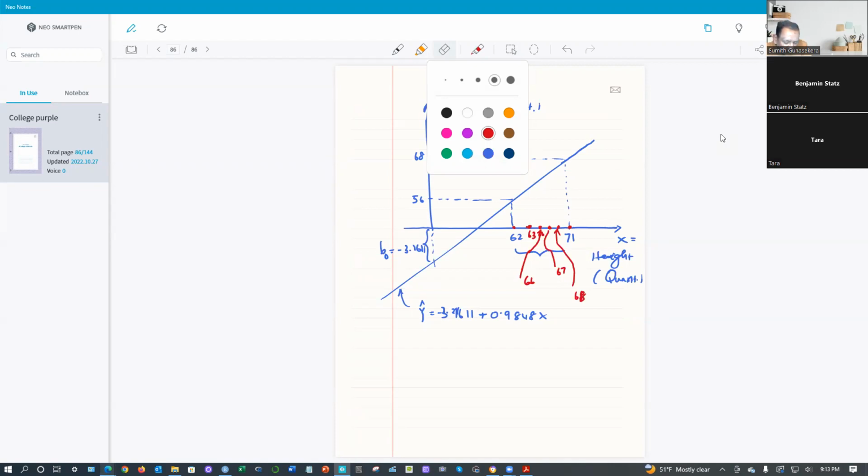So if you want 63, what is the value of this guy, and 62? I'm sorry, this is not on the line. I didn't put it right.